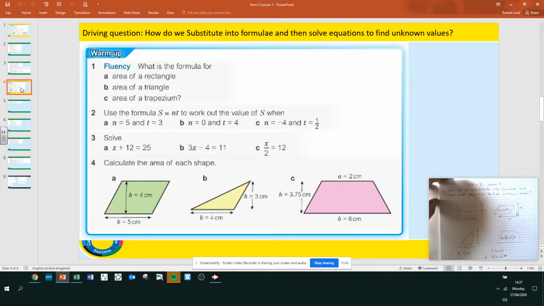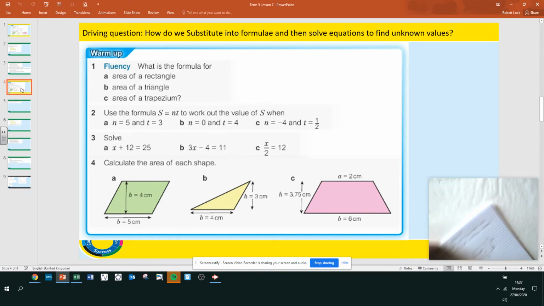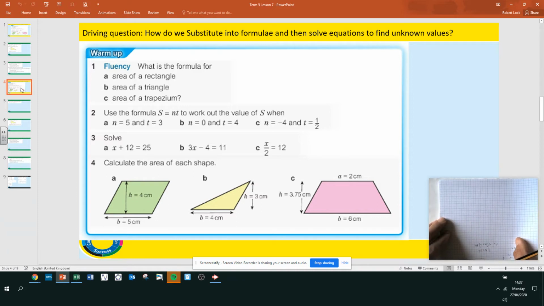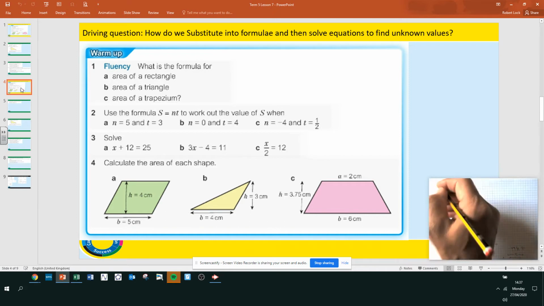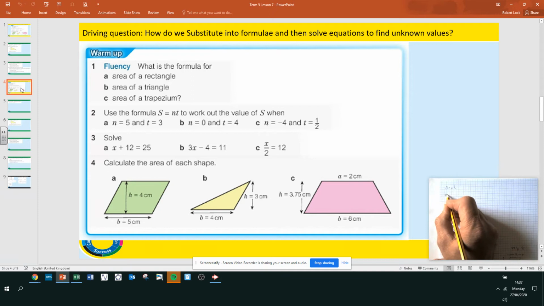Okay, question 2. Use the formula S equals nt to work out the value of S when n equals 5, t equals 3, so S equals 5 times 3, so S equals 15.